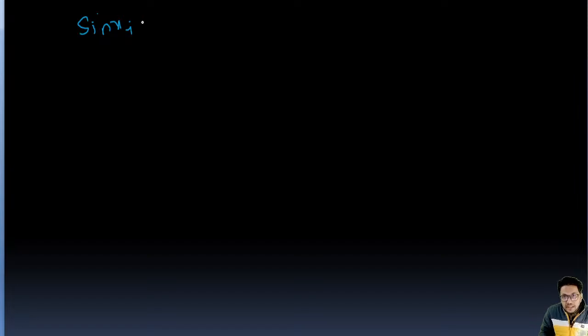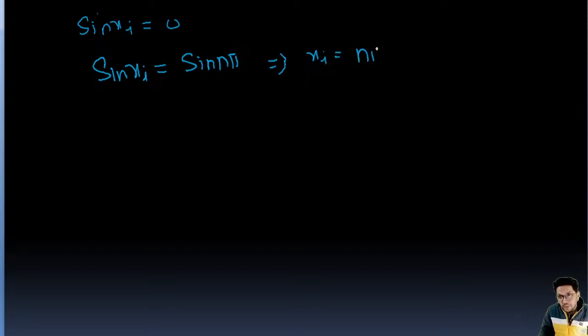So sin xi is going to be 0. It means sin xi equals 0, we can write sin n pi, which implies the value of xi is n pi, where n is 0, plus minus 1, plus minus 2, plus minus 3 and so on. n is between minus infinity and plus infinity.